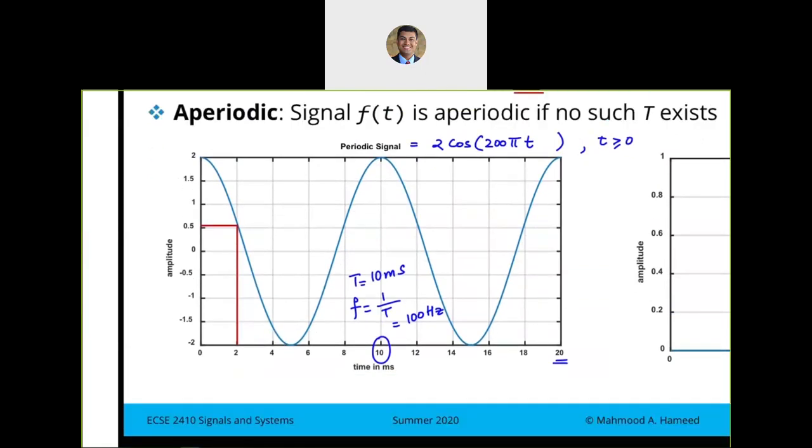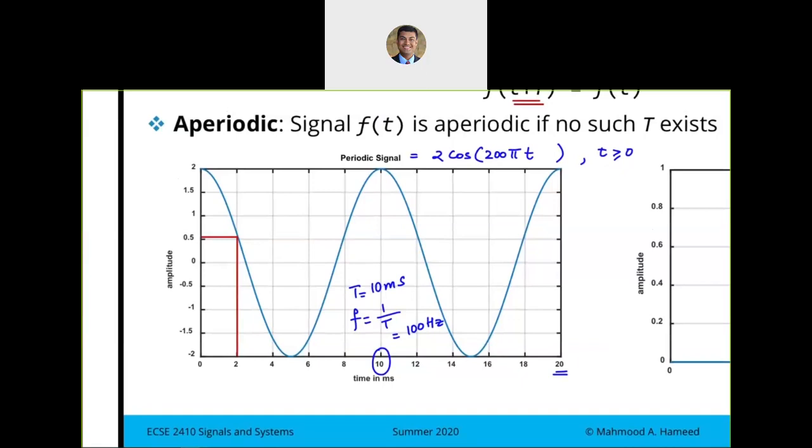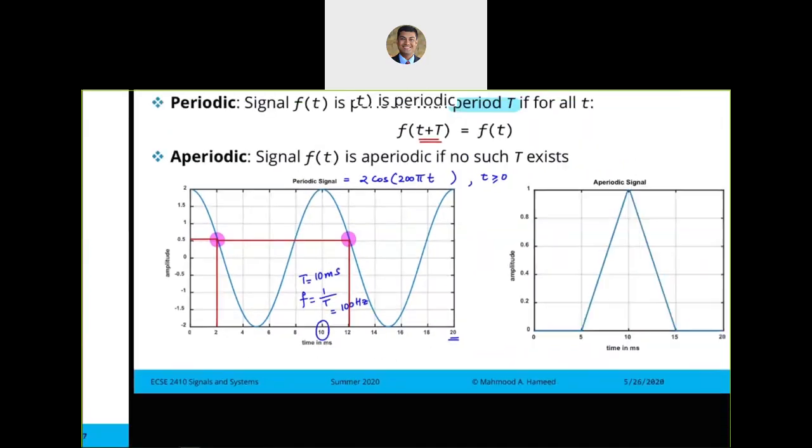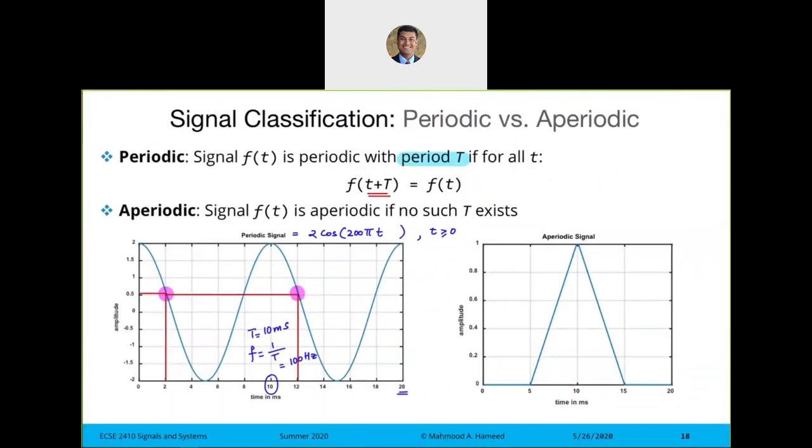So 2 plus capital T would be 12. Same value, as you can see. And this particular condition should be satisfied for as long as the signal is periodic. So if it fails, that means it's no longer periodic.